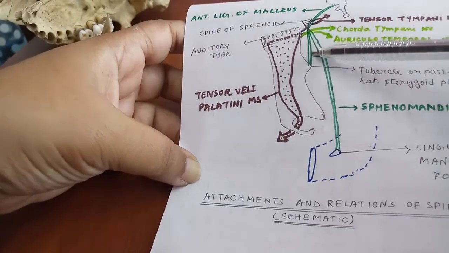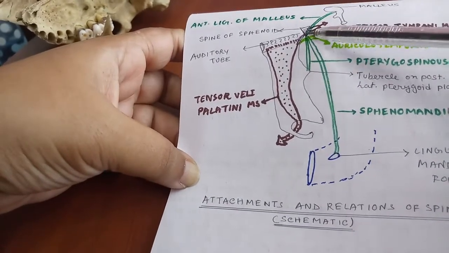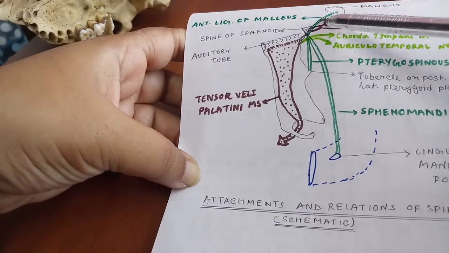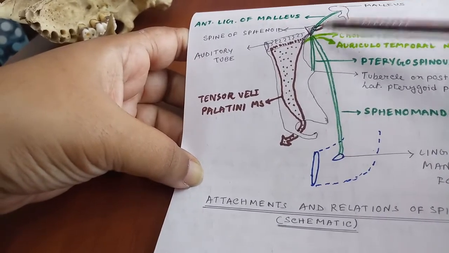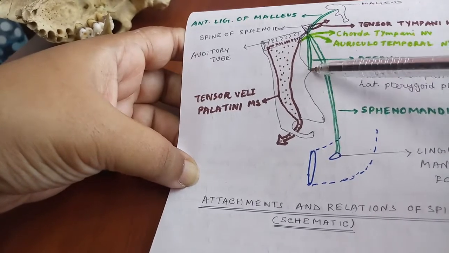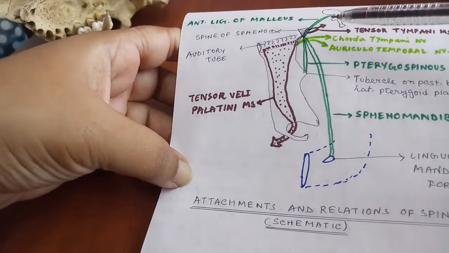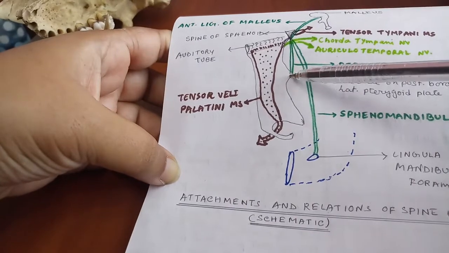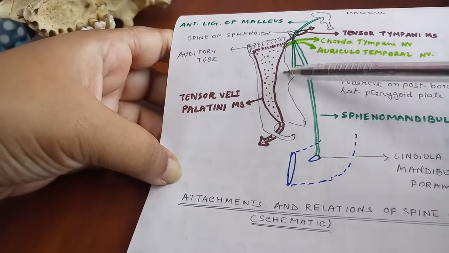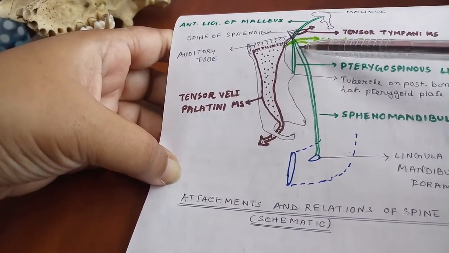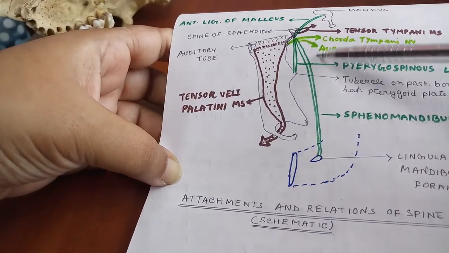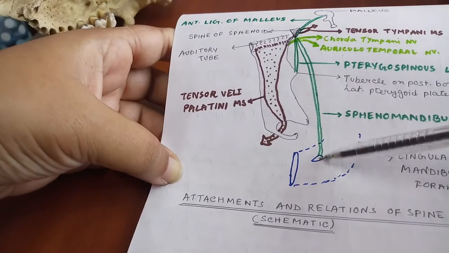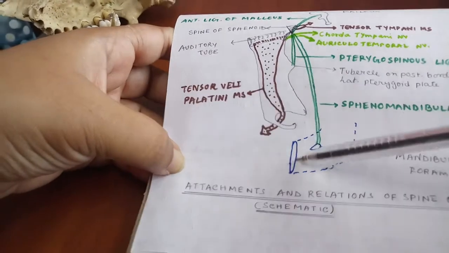From the spine radiate the three ligaments which we can see. The first is the anterior ligament of the malleus, from the spine of the sphenoid up to the malleus. Second, there is the pterygospinous ligament, which will attach to the tubercle on the posterior border of the lateral pterygoid plate. And third, we have the sphenomandibular ligament, which extends up to the lingula of the mandible. The mandible is represented in dotted lines.